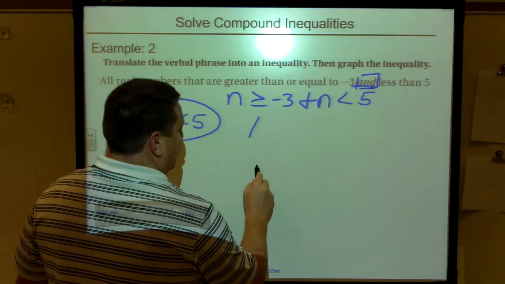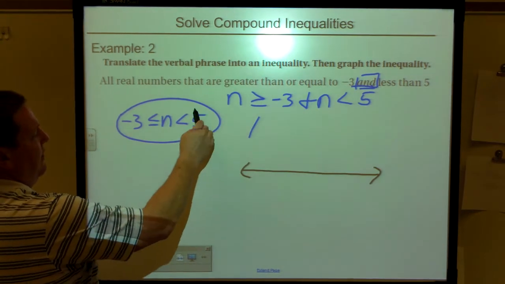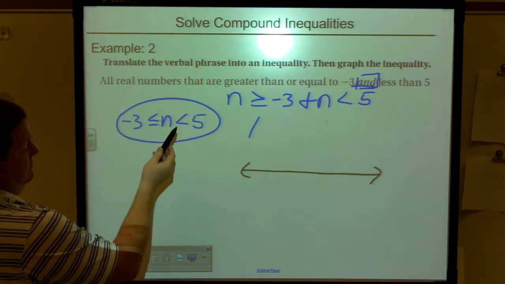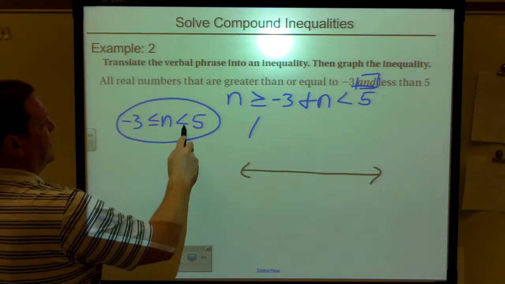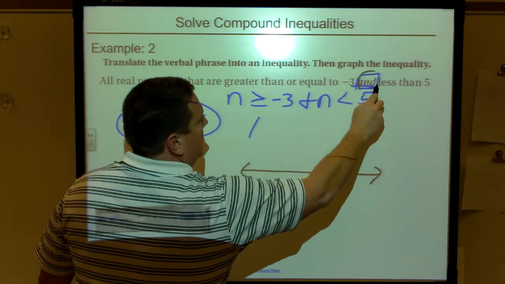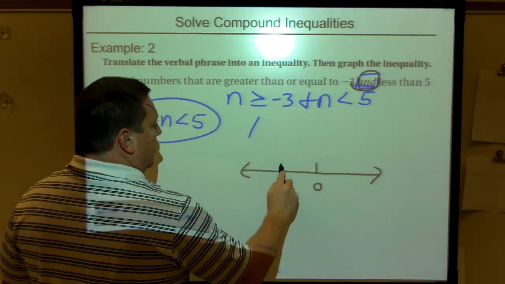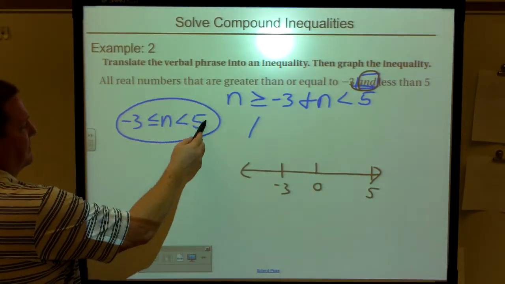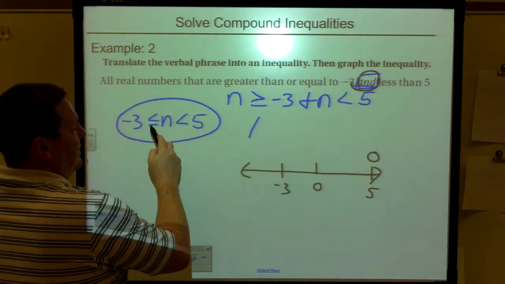So I want to go and graph them. This one's going to have an arrow at 5 that goes left. This one's going to have a solid dot at -3 going right. And I only want the intersection, the overlap, the and. So we'll call that 0, we'll call this -3, we'll call that +5. So at positive 5, I have an open circle. At negative 3, I have a closed circle.